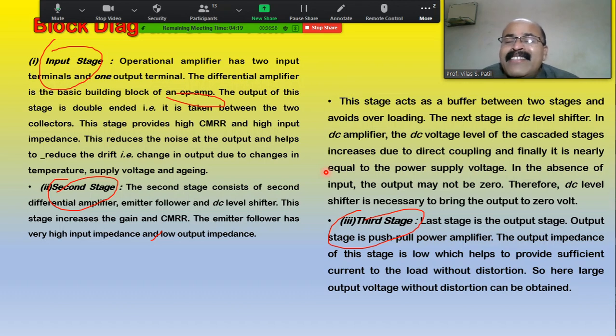We have to increase its CMRR also, that is the common mode rejection ratio, and for that amplification is necessary, and for amplification the emitter follower amplifier is used. And the third one is the level shifter, which is essential to shift the output in both up and down directions. With the level shifter, we can calibrate the output of the operational amplifier.